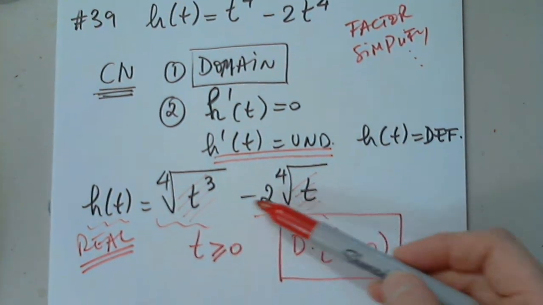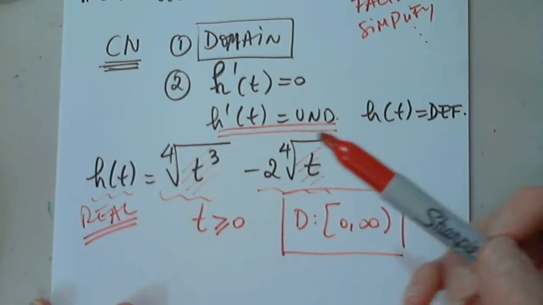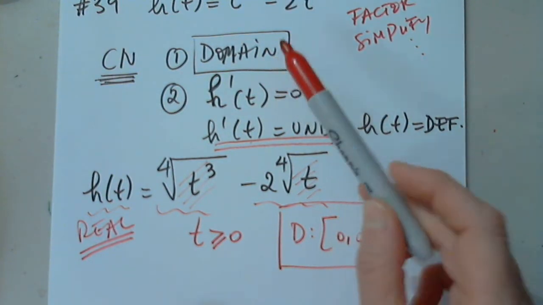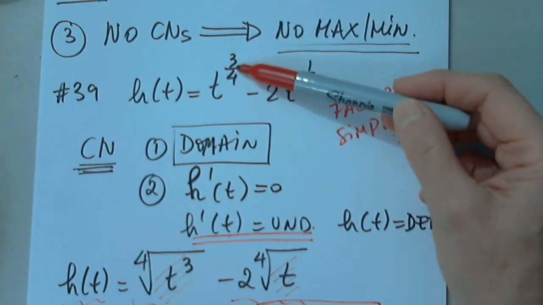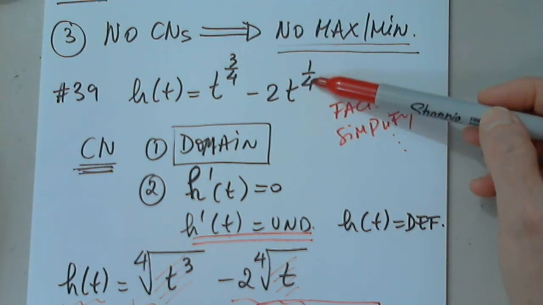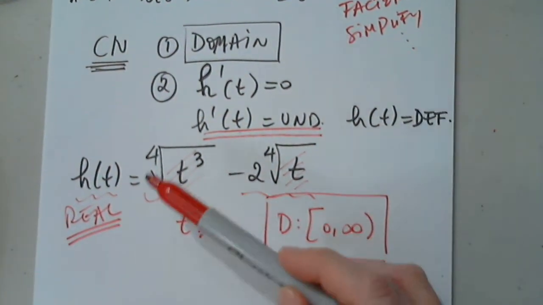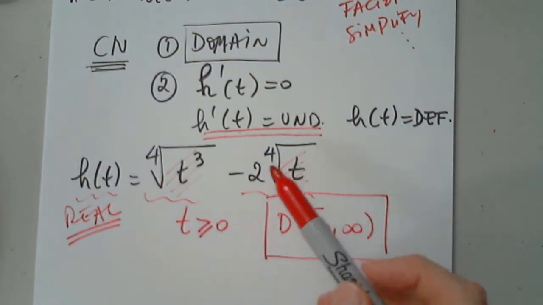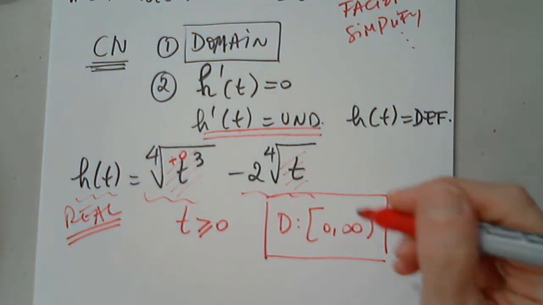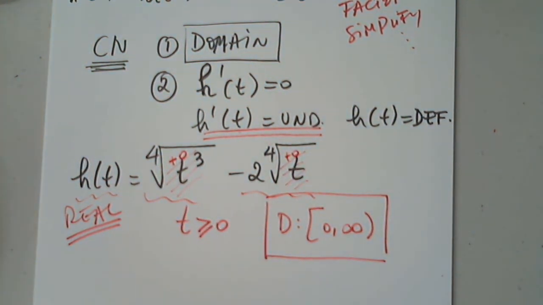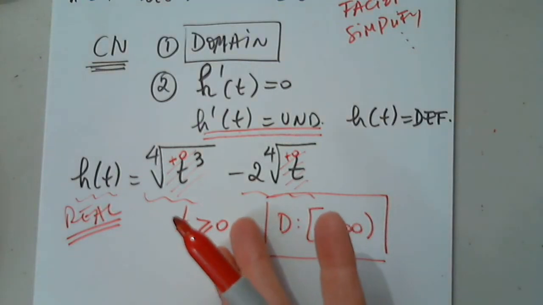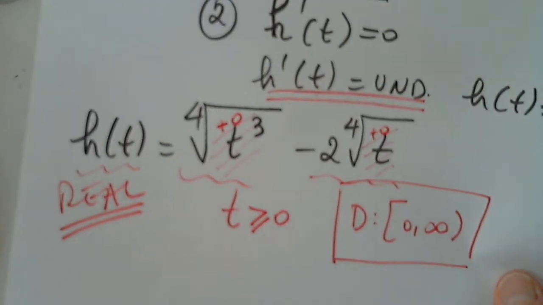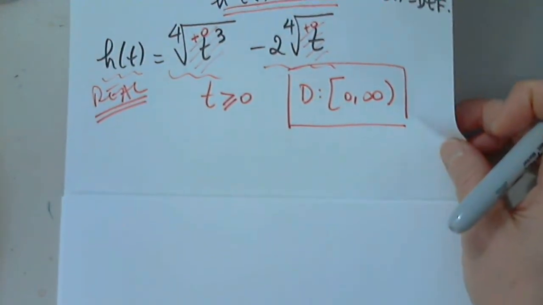I presented it like this because it will always be easier to find the domain than in the form of power 3/4 or power 1/4. Maybe, for some of us. For me, it's easier if I write it and see the index, and I say, oh, okay, if it's an even index, this quantity has to be positive or 0, so then that's the domain. In this case, because if I have +1 here, then the domain is different. So I established the domain, and now I'm ready to differentiate this function.